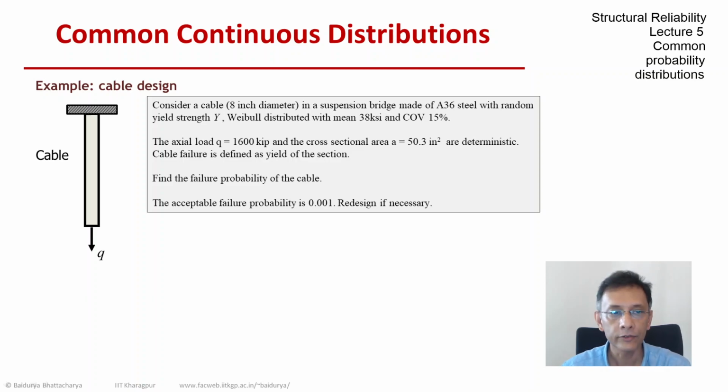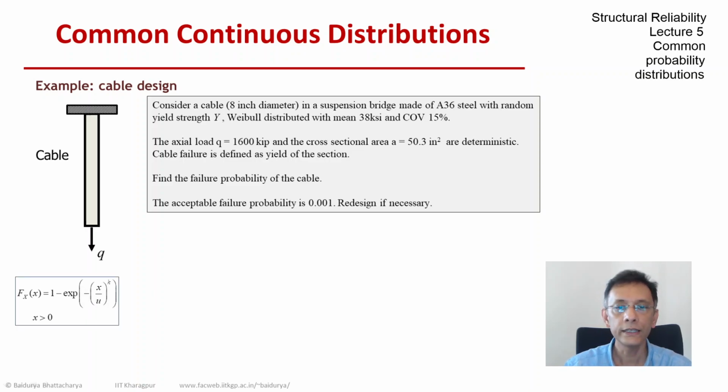use the CDF of the Weibull distribution, which, as you can see, is defined in terms of two constants, u and k. So given the mean and COV of y, we need to find u and k for y.